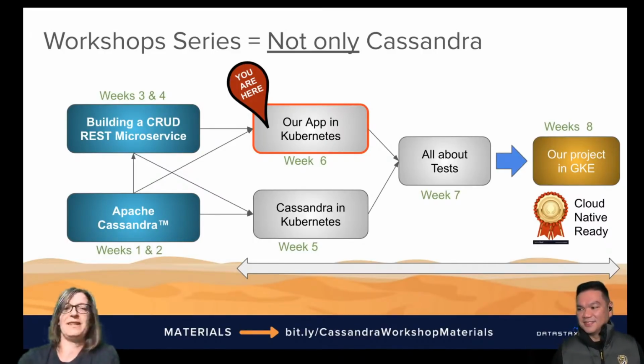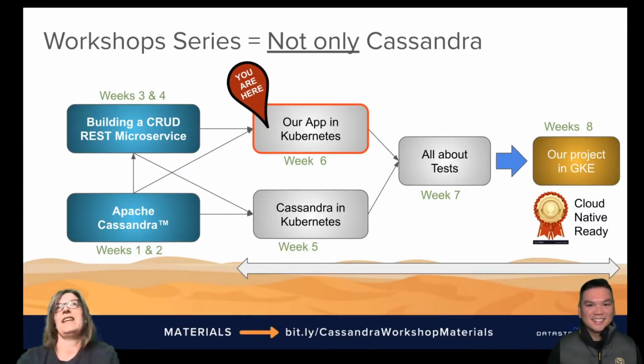We then progressed to weeks 3 and 4, where we basically implemented some basic CRUD, create, read, update, delete, and then moved on to building REST API backends with a front-end UI. Then last week, we introduced to you the concepts of Kubernetes and containerization, and we demonstrated how Cassandra can run off the Cassandra operator. And so this week, we're starting to bring it together, right?